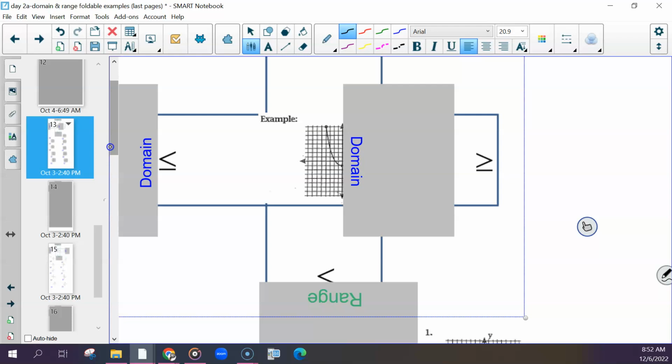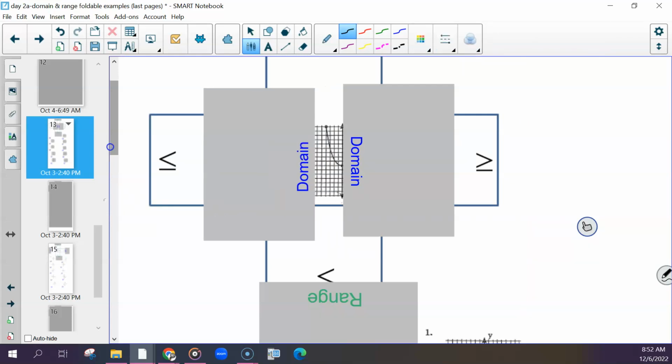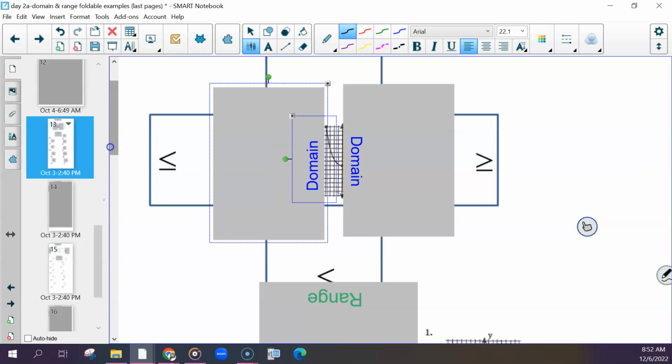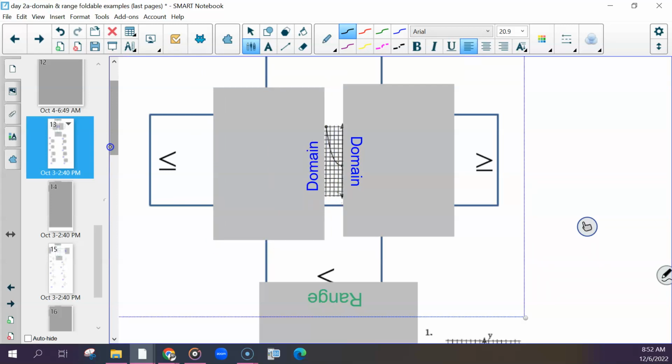Your left side, you're going to fold it to the furthest point on the left on the graph. So here, that would be right there. I don't have the graph in here, but it would look something like this, where you have some space in the middle. Again, up here it should look the same.